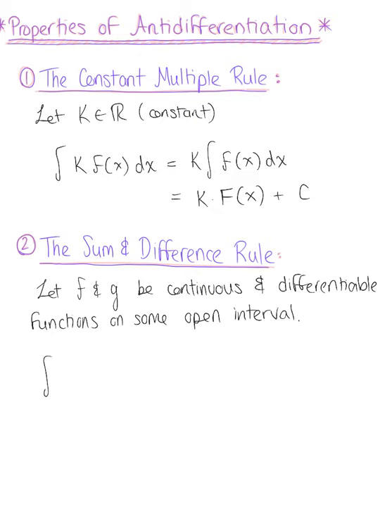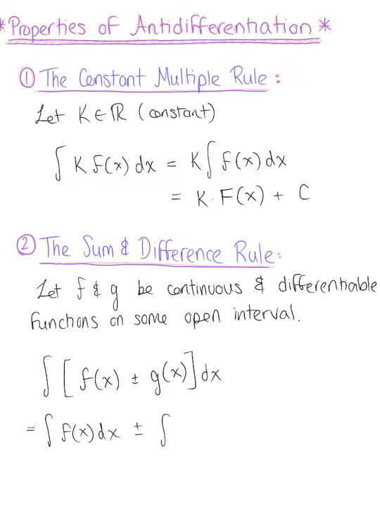So if we have the integral of a function f of x plus or minus some other function g of x dx, again, to make our integration process easier as we begin, we can separate this to the sum or difference of two antiderivatives. So this becomes the integral of f of x dx plus or minus the integral of g of x dx.